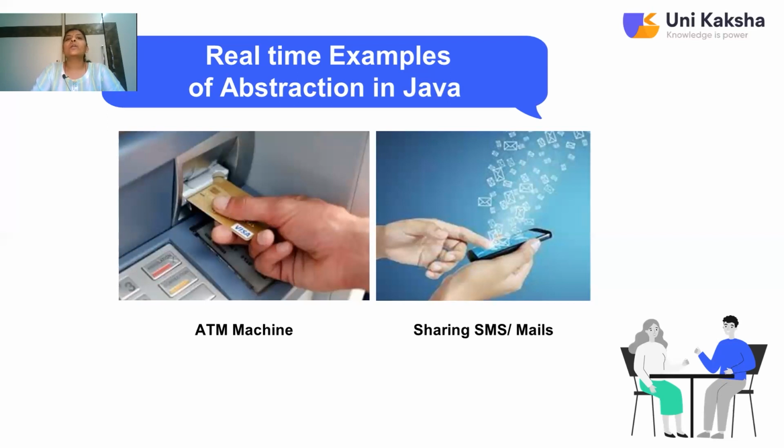We are concerned about the confirmation message that the mail has been successfully sent. As the end user, we don't require this kind of information. So this is nothing but abstraction, that is, hiding some data from the user and giving them only the required data. This is the main use of abstraction, and these are the real world examples of data abstraction.